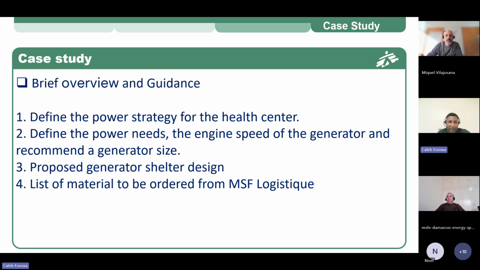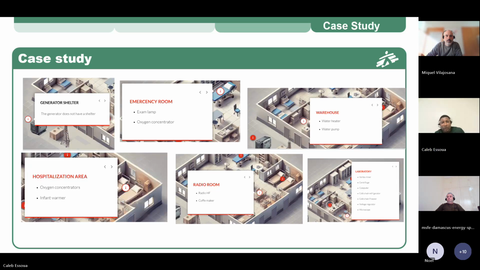Okay. I will show you a little bit of the things. If you go to the location where they are asking you to install your generator and do your generator sizing, as I said, before you go there, you have to put things down and try to understand the location, the need, whatever.